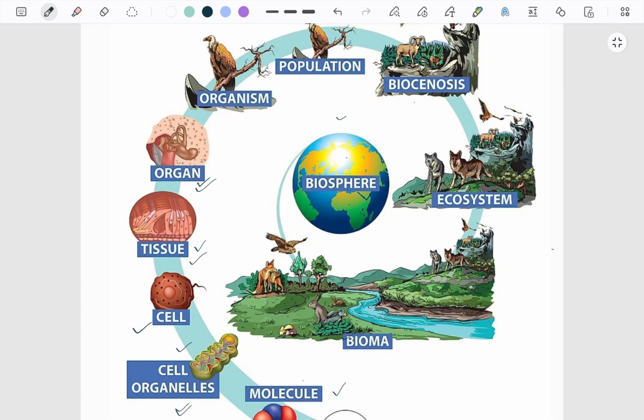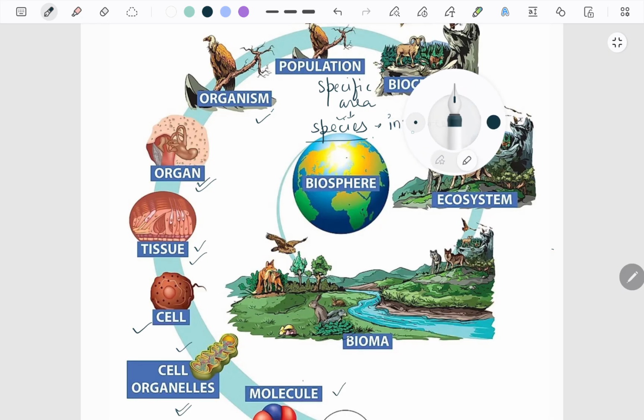For example, plant there. Now, if I say organisms, the organisms of a particular species living in a particular specific area where they live and interbreed with each other, those organisms make up the population of that particular species in a given area.